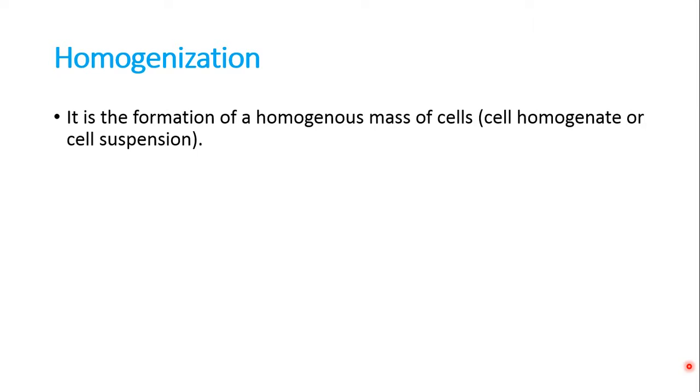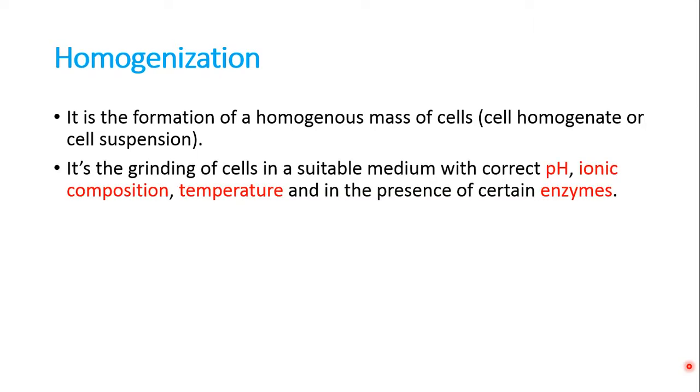In this homogenization, we will homogenize our cell material. When we mix all the contents of the cell, we will get a homogeneous cell suspension. But how will we get this cell suspension? We grind the cells of interest, including any plant cell or animal cell.